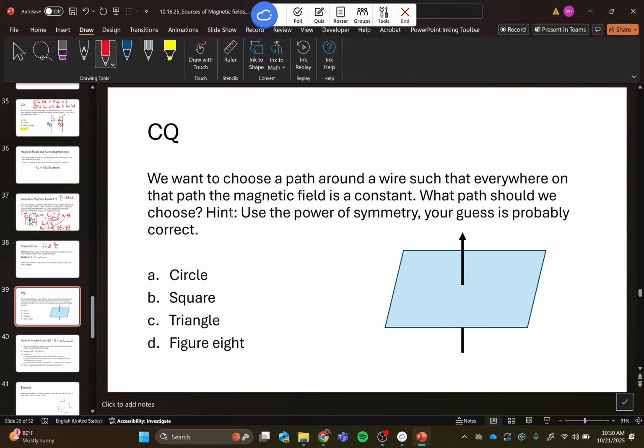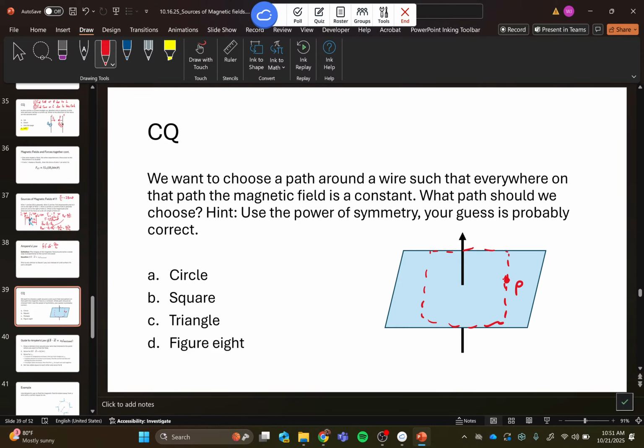So let me draw what I mean by this. I'm going to draw each answer, and then you're going to answer which one makes sense. So I want to find the magnetic field at some point. I need to draw some kind of loop around it, some kind of path. Am I going to draw a circular path around it? Am I going to draw a square path around it? So it's kind of a pain to do this, but whatever.